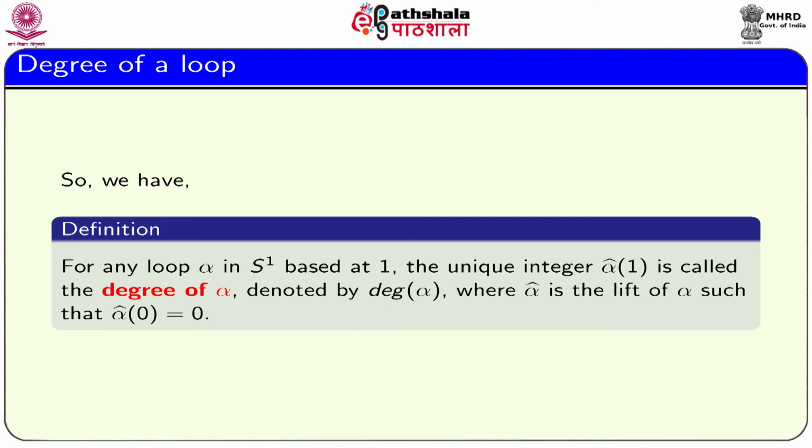So, we have the definition for the degree of a loop as this: for any alpha a loop in S1 based at 1, the unique integer alpha cap(1) is called the degree of alpha, denoted by degree alpha, where alpha cap is the lift of alpha such that alpha cap(0) is equal to 0.